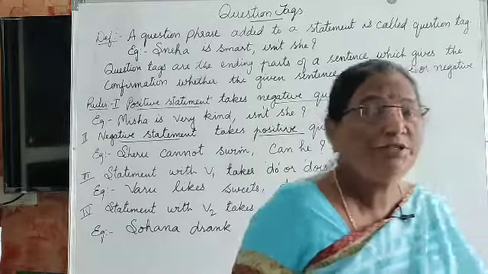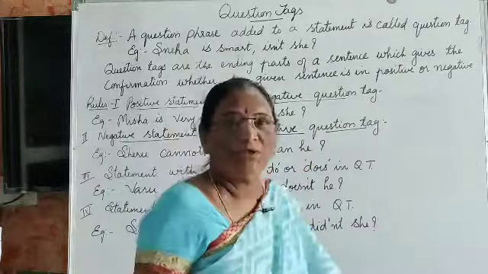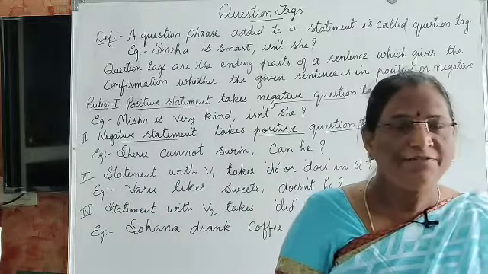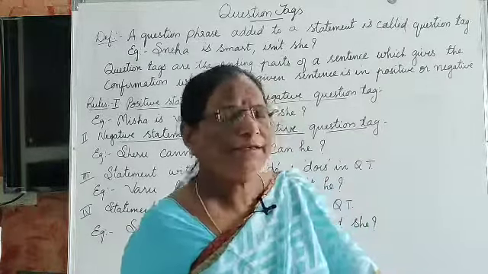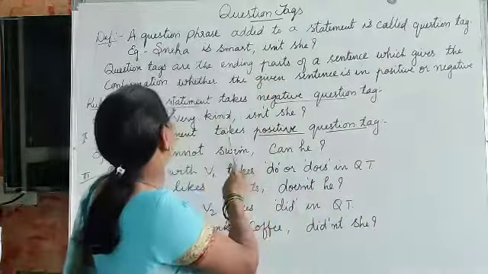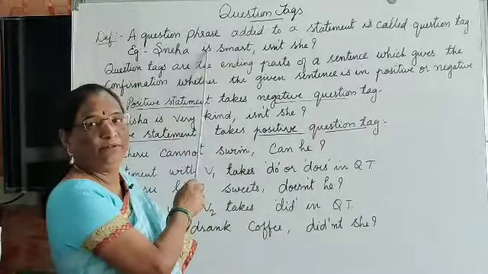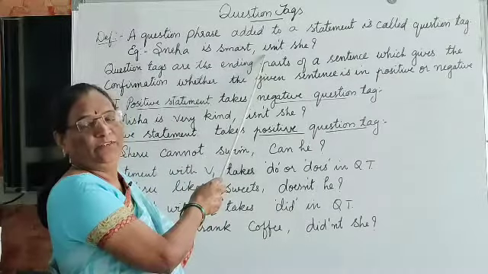For that you need to identify the helping verb. Question tag is framed with the help of the helping verb, and most statements have a helping verb, I mean auxiliary verb, with which we can frame a question phrase.